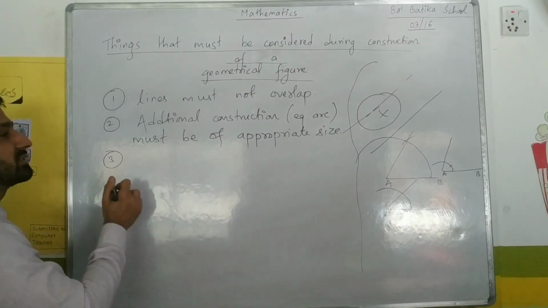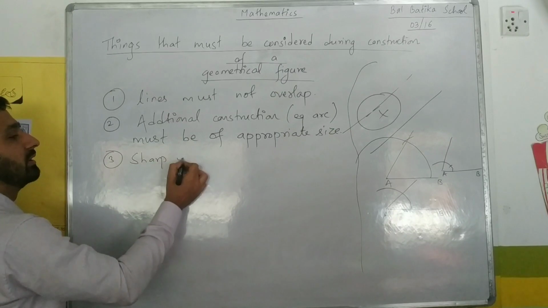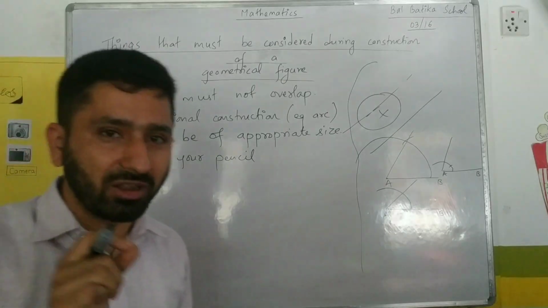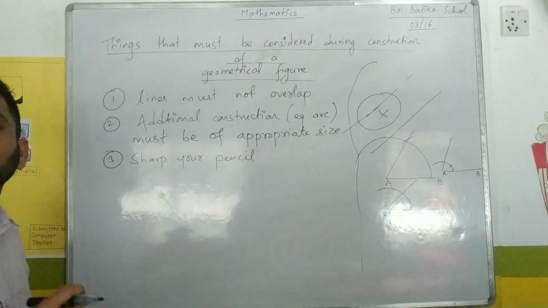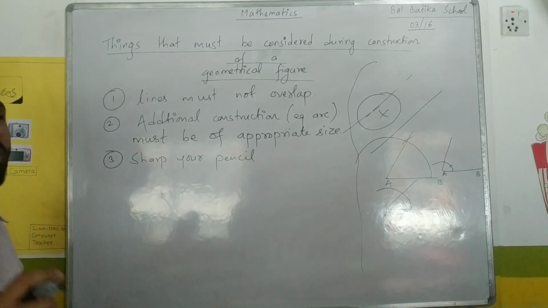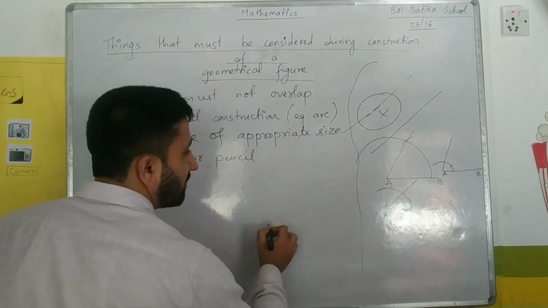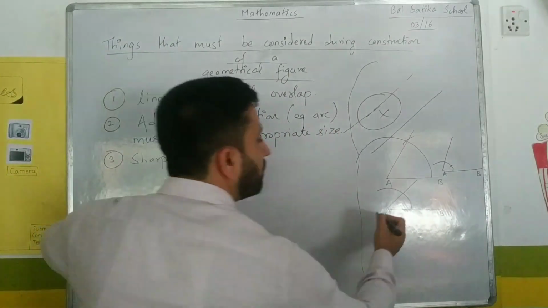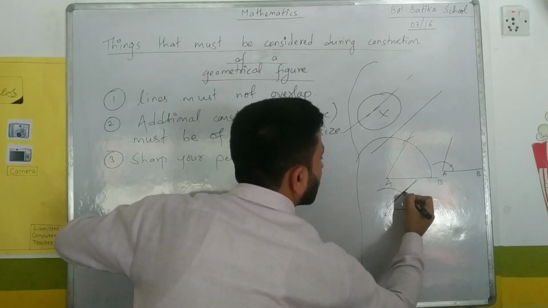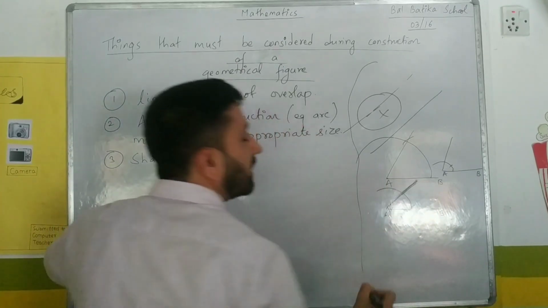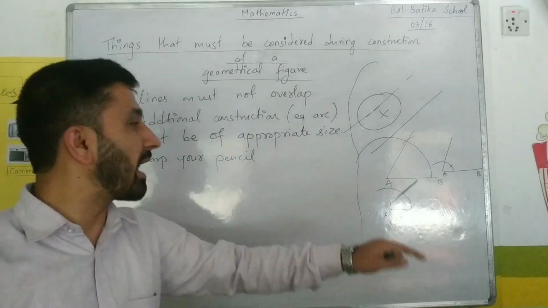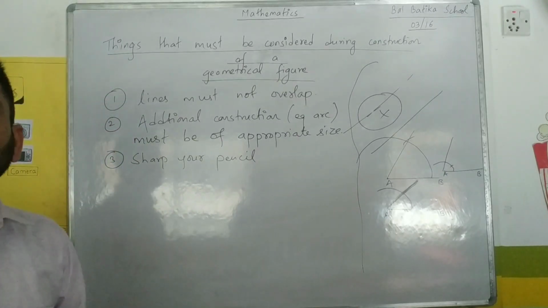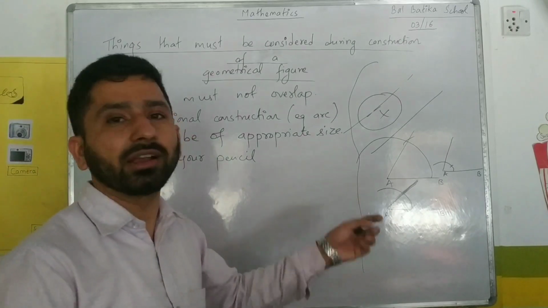Now the third point is sharpening the pencil. Because if you use a blunt pencil, there might be a geometrical construction error. Let me give you an example. If I am going to construct 45 degrees over here, and I use a blunt pencil, the thickness of the line will be greater. Instead of constructing 60 degrees, I may have constructed 48 degrees or 62 degrees, which later gives an impact when we are drawing a rectangle or parallelogram.